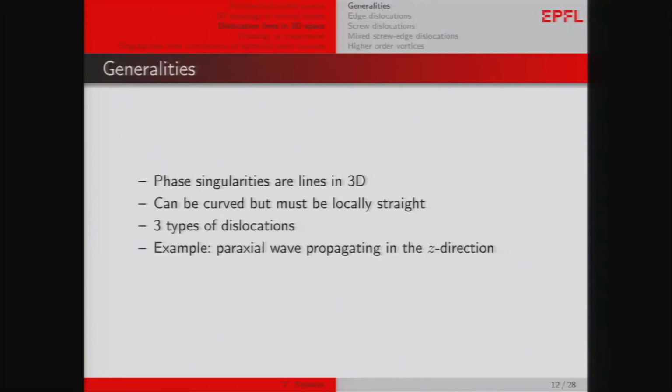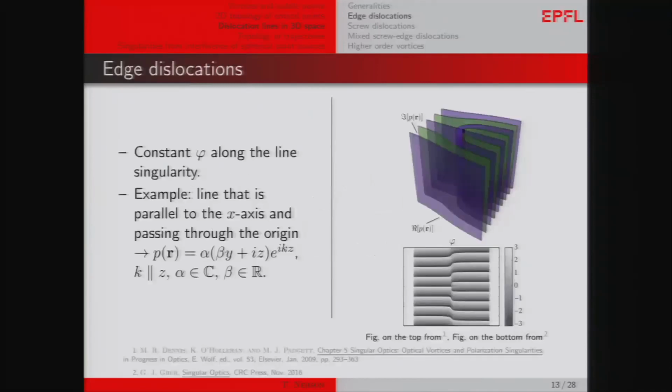Okay. So the first kind of dislocation we can introduce is a so-called edge dislocation. So the definition is you must have a constant phase along the line singularity. So you have this singularity that is a vortex singularity, and you will define the phase as constant along this line, basically.